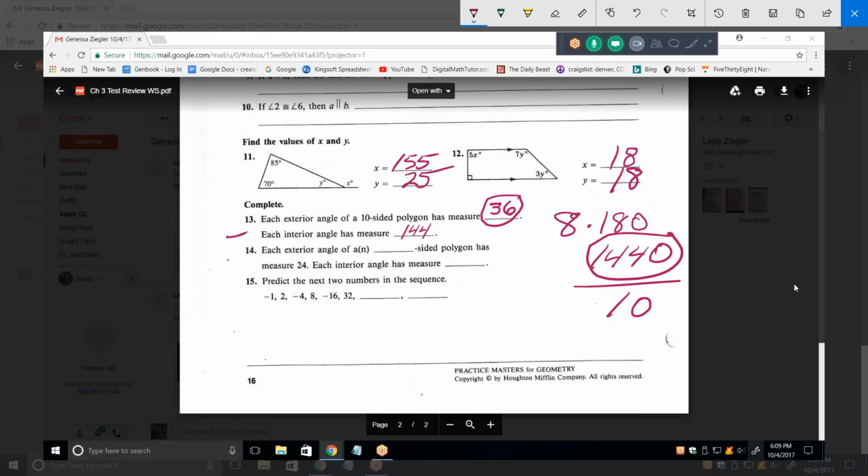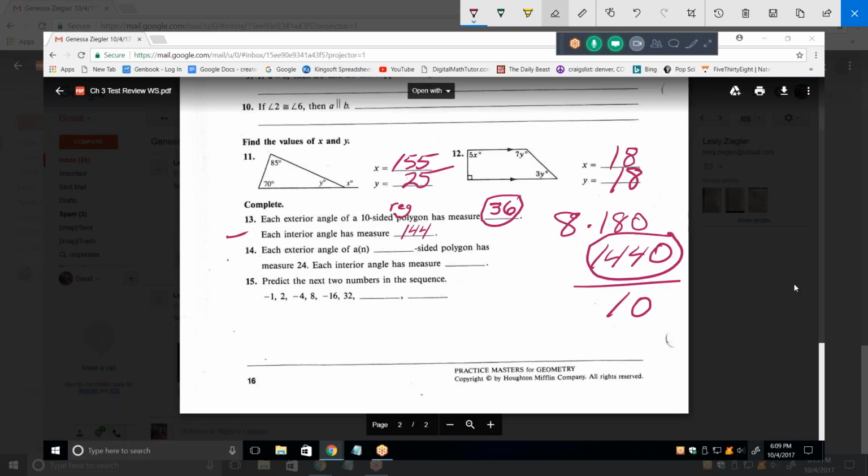No. Nope. Because if you had a 10-sided polygon that was not regular, the exterior angles would not all be the same. They would still sum to 360, but you wouldn't know that they were all equal. They have to put the word regular there for either one of these questions to make any sense.